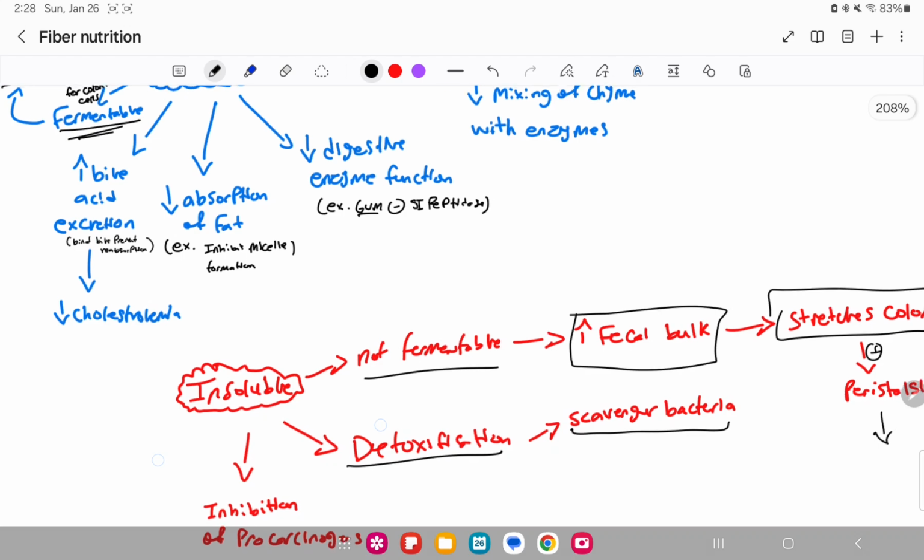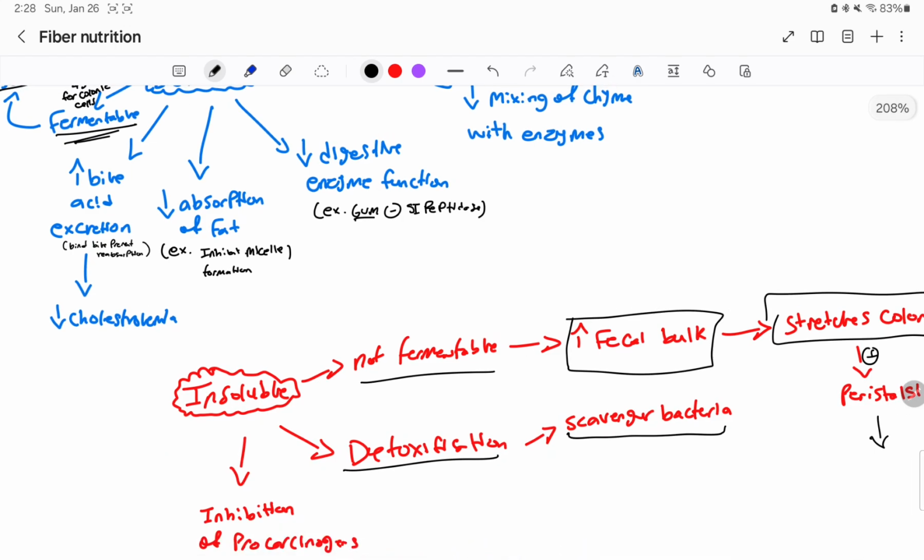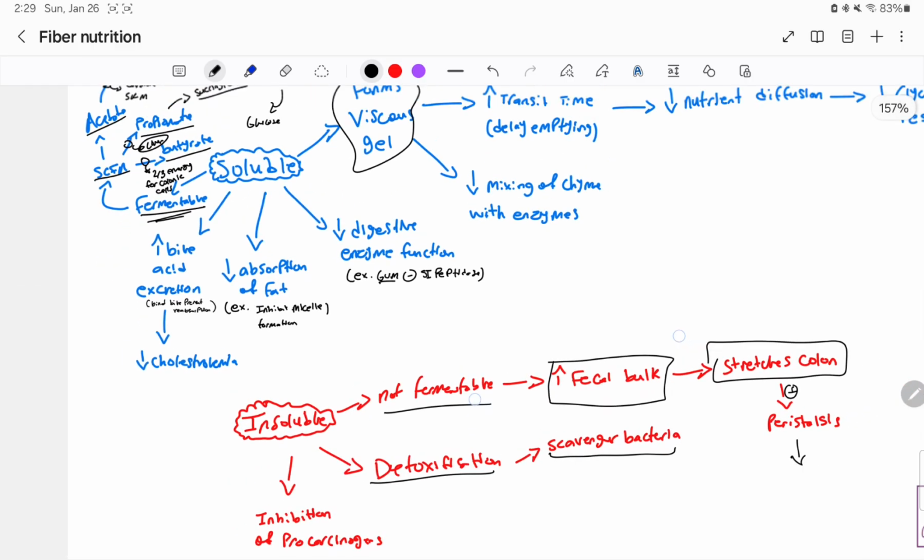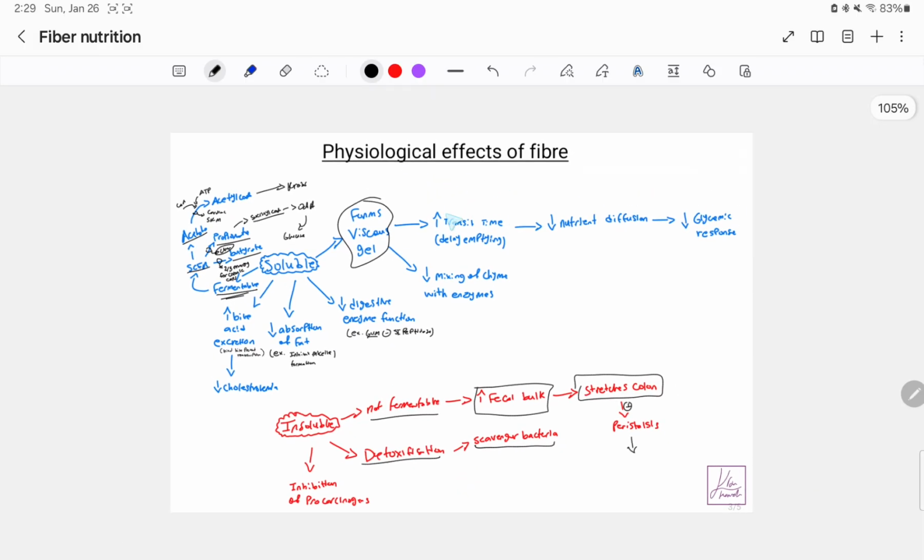Another thing that they have is that they are able to inhibit pro-carcinogenic enzymes, okay? And they also have the ability to absorb hydrophobic carcinogens, preventing them from damaging the intestinal mucosa, okay? Or the colonic mucosa. Yeah. So again, that's the physiological effects of soluble and insoluble fibers.